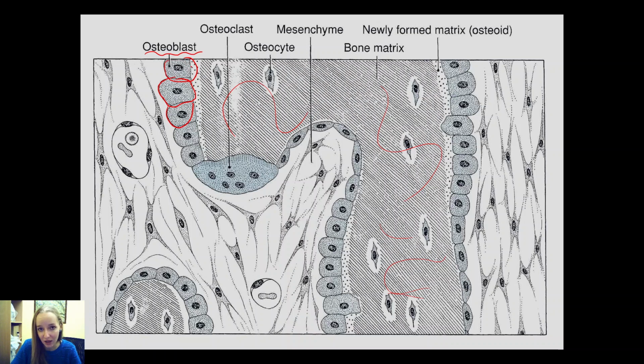They're producing bone matrix, and when they do so, and they are embedded in this trabecule, in the matrix, they differentiate into osteocyte. So they're not dividing, they're just differentiating into a less active cell.